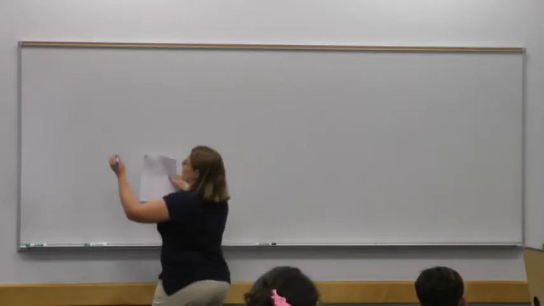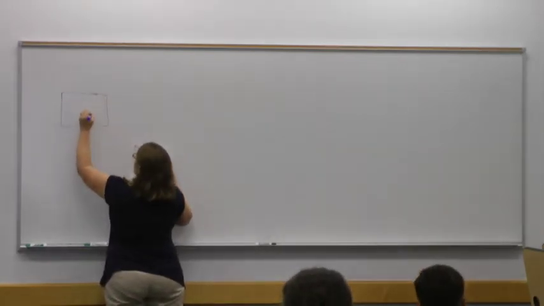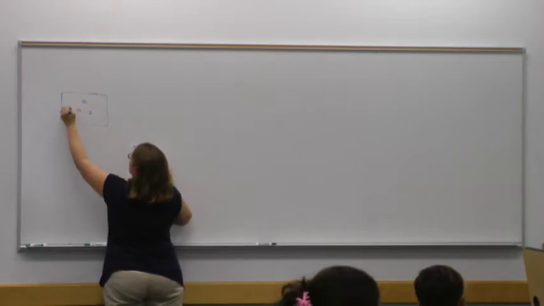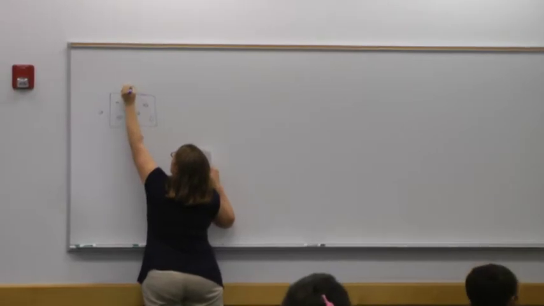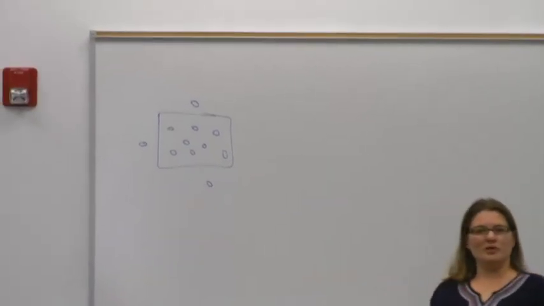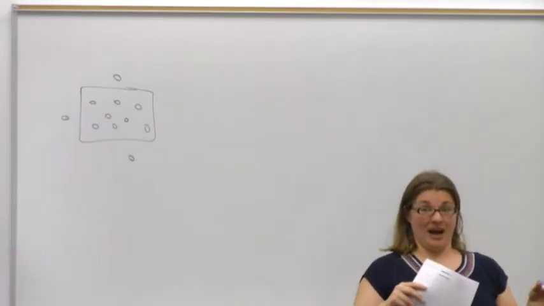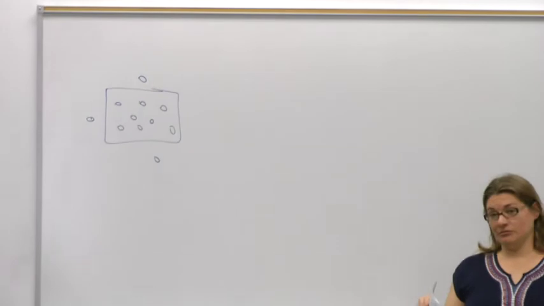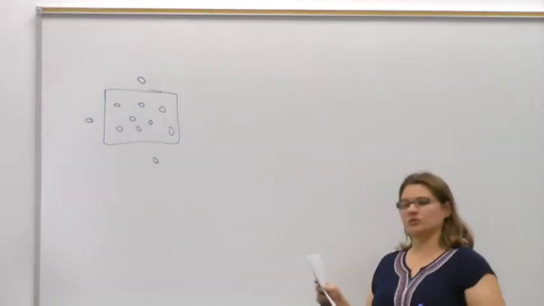Okay, so the first question is a simple question showing you a cell with a whole bunch of solutes in it, and just a few outside. According to diffusion, the movement of particles from an area of what? High to low concentration. Which way are the particles going to go? Into the cell or out of the cell? Out of the cell.